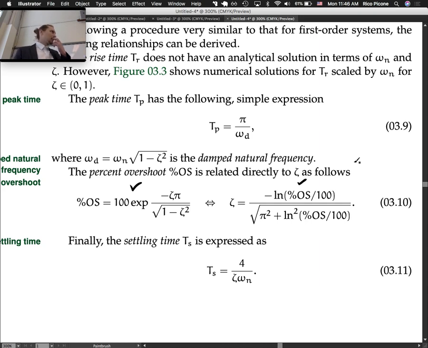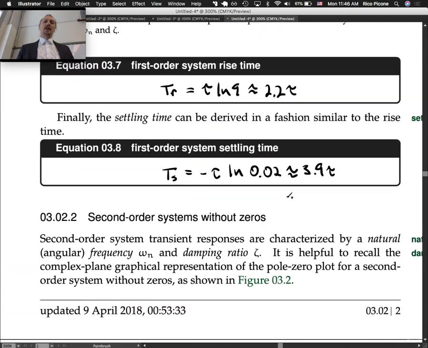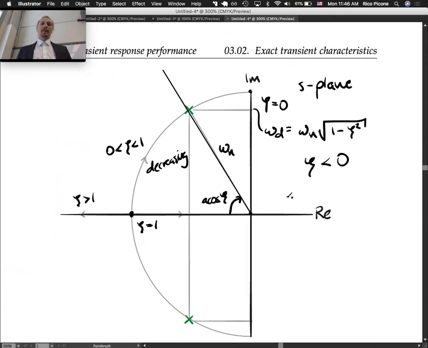So if you want to affect the percent overshoot, does it help you to change the natural frequency? No. Percent overshoot is going to be exactly the same as it was before. So if you're going to try to affect the percent overshoot, these are lines of constant zeta, right? You can't simply go from this pole location to that pole location because they have the same zeta, same percent overshoot, right?